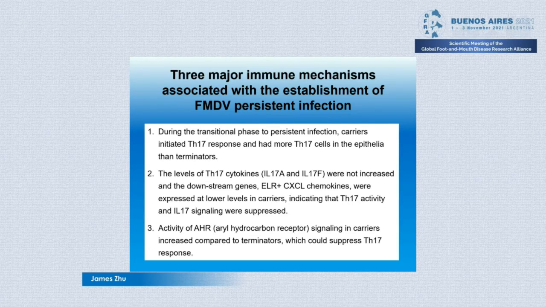Second, the level of Th17 cytokine was not increased in the carrier as expected, and the downstream genes, ELR plus CXCL chemokines, were expressed at lower level in carriers, indicating that Th17 activity and IL-17 signaling was suppressed in carriers.